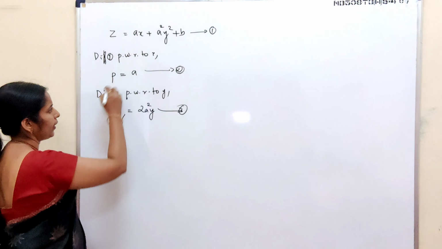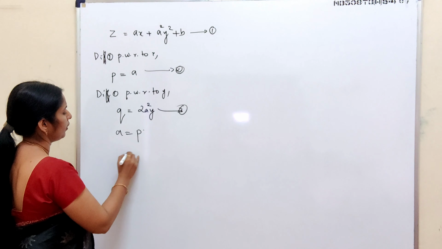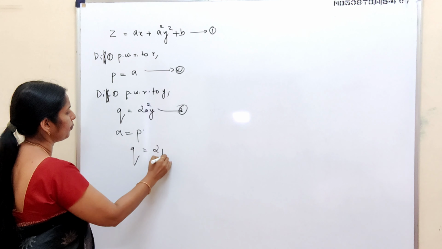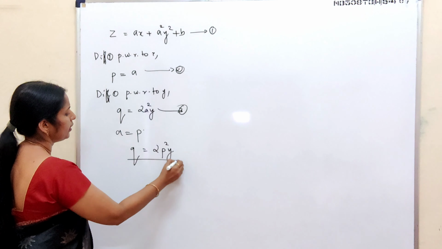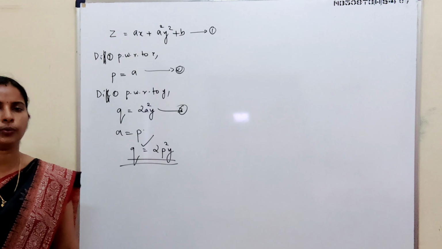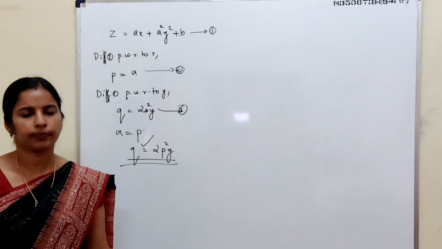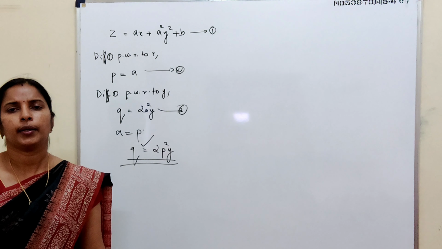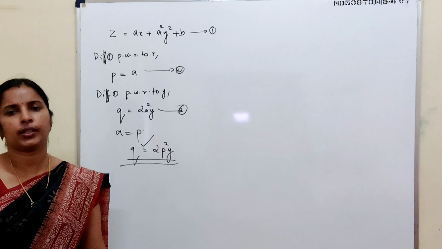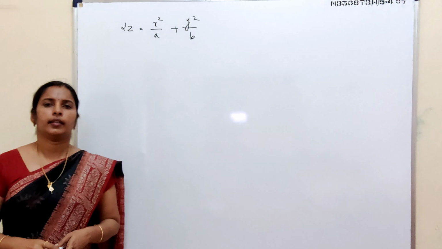See, what is a? A is p. So you put in equation number 3, you can see q is equal to 2p square y. See, it is an equation containing partial derivatives p and q and which does not contain the arbitrary constants a and b. So this is a partial differential equation formed from the given set.